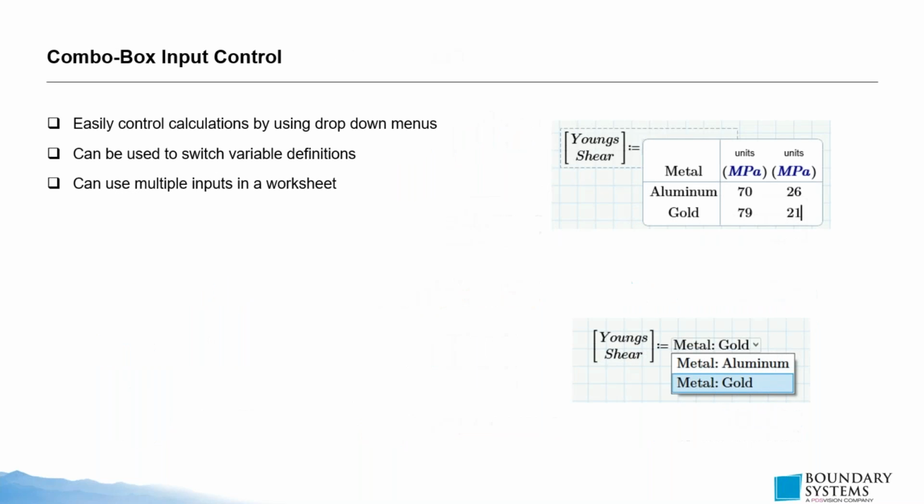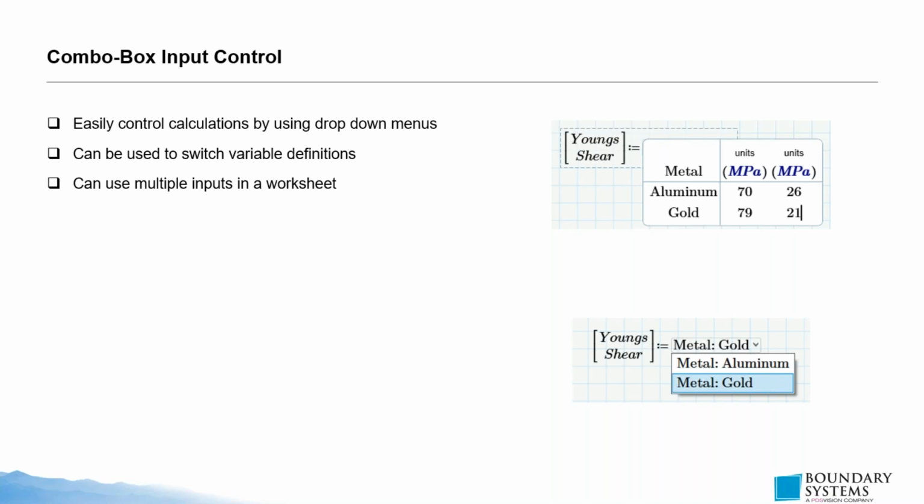But past that, we're going to dive into what's new in Mathcad Prime 7. The first new feature is the combo box input control. What this is going to let you do is have many different parameters you can choose from in a drop-down list, which you see in the bottom right image. It works like radio icons if you're familiar with earlier Mathcad products.